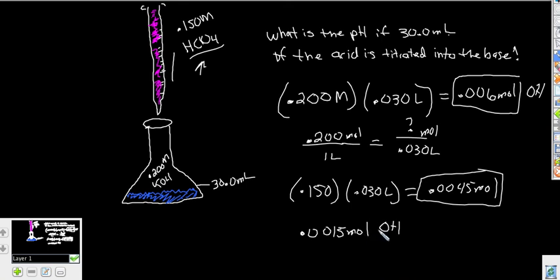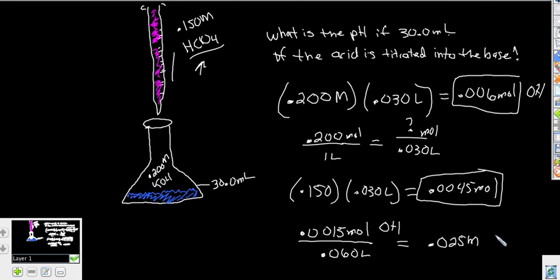And so then to actually solve for the molarity of it, you're going to divide it by its total amount of volume. So we had 30, we added 30, so my total amount of volume is 60 milliliters. And so that's going to give me a new molarity. So that makes my new molarity 0.025 molar.